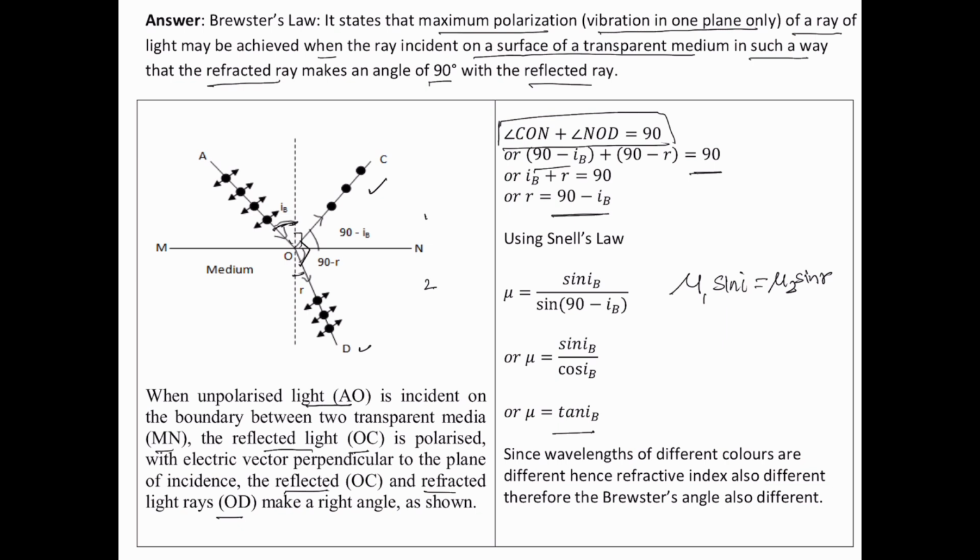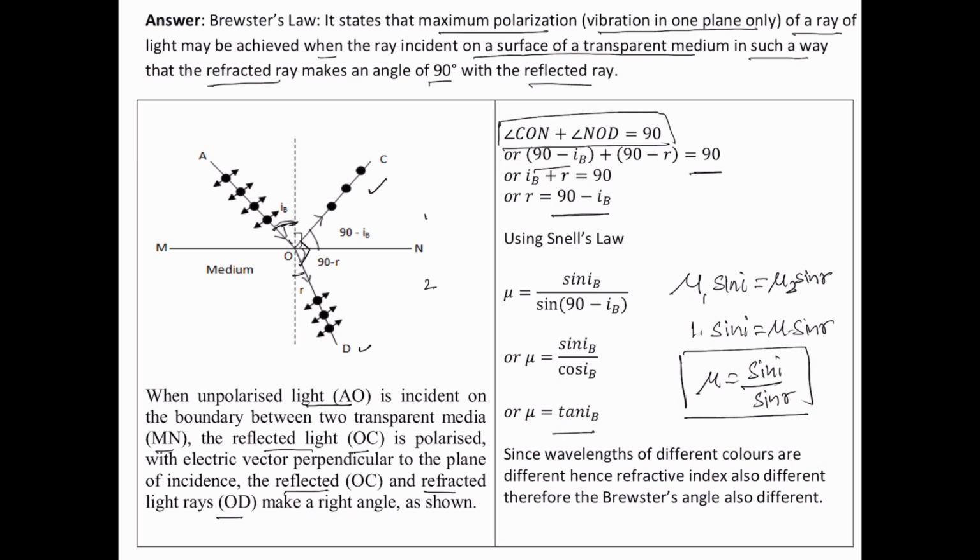So 1 into sine I equals mu into sine R. So mu equals sine I by sine R. This is a special condition of Snell's law where one of the media is air.